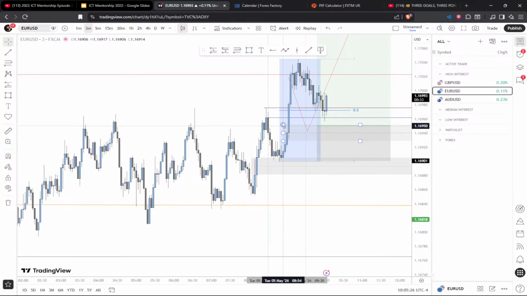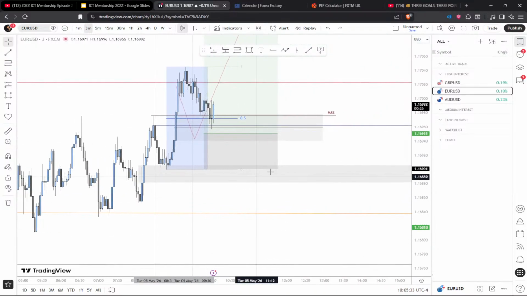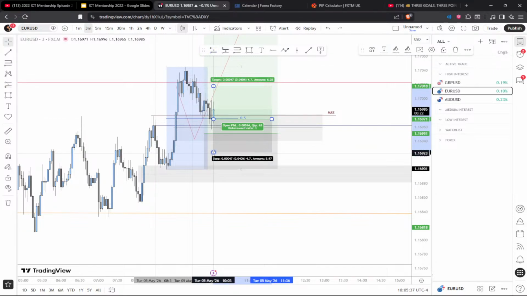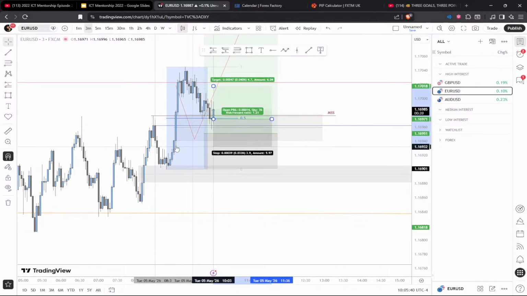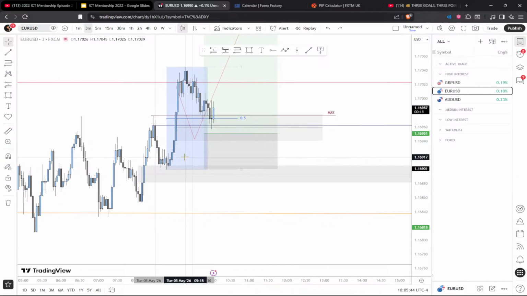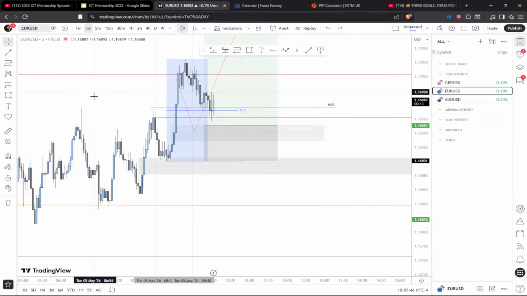And think about that. On the 3 minute, we have this fair value gap. Doesn't matter though. I see one in the 5 minute.